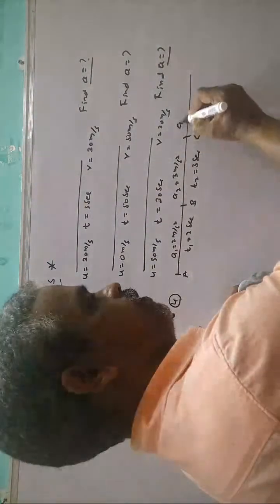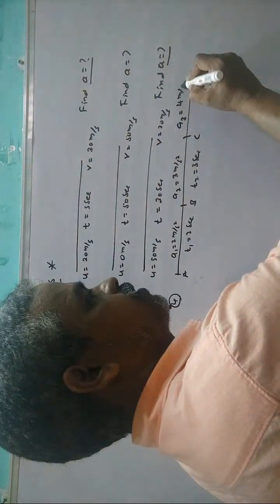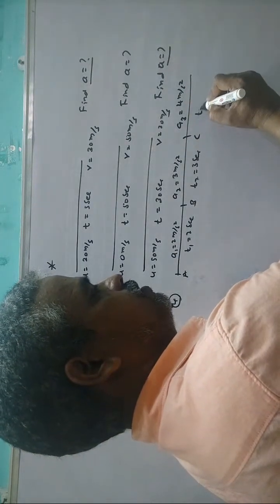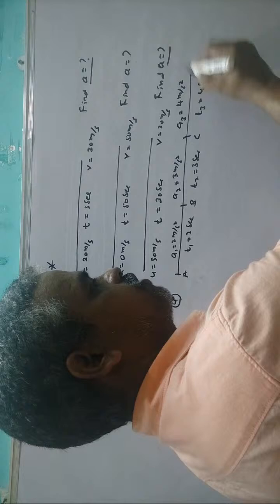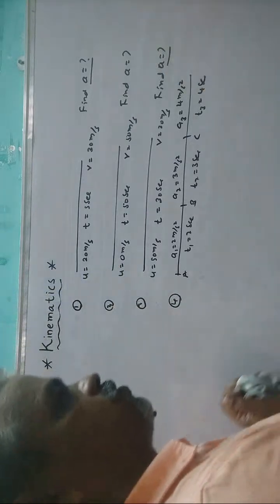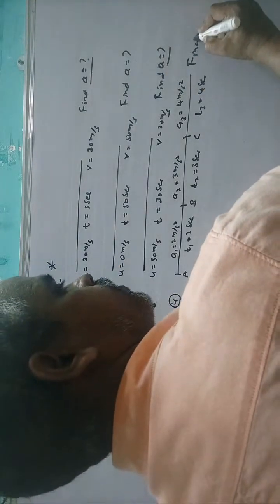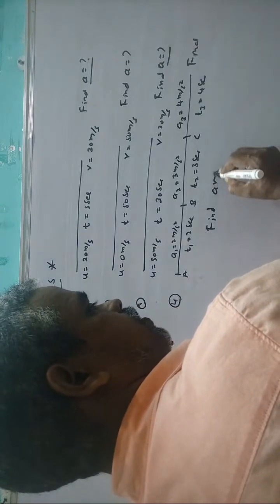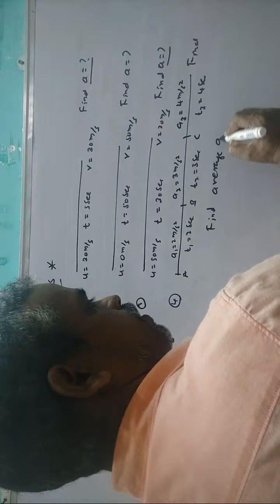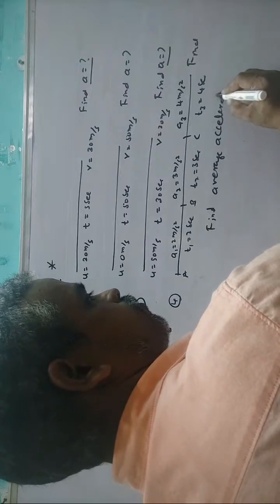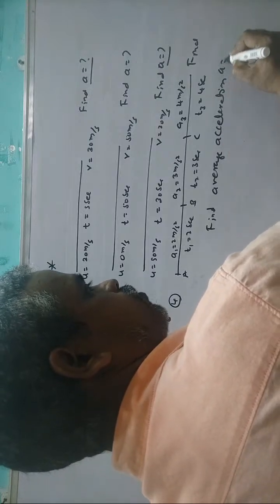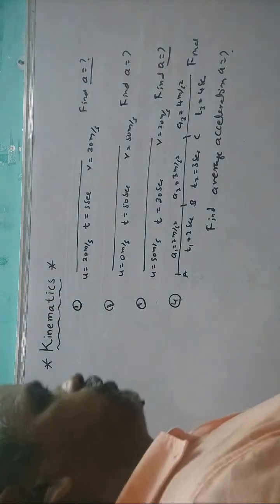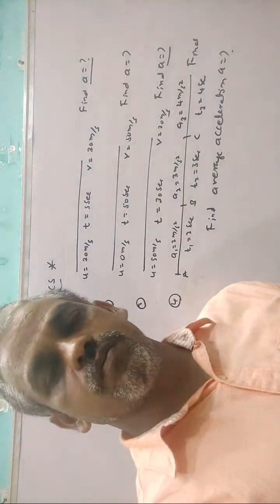Next, a3 equal to 4 meter per second square, t3 equal to 4 seconds. Finally it ends the journey. Find the average acceleration. A equal to what? So do these four problems.